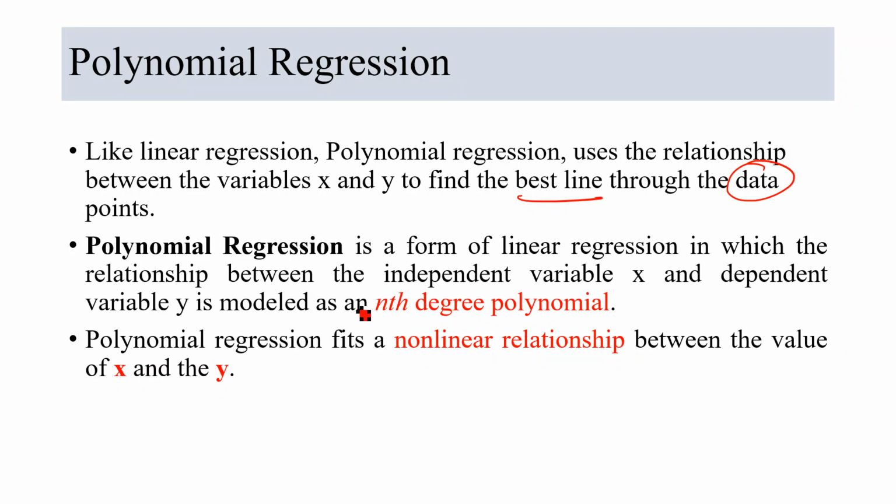Polynomial regression is a form of linear regression in which the relationship between the independent variable x and dependent variable y is modeled as an nth degree polynomial. So the polynomial regression fits the nonlinear relationship between x and y.